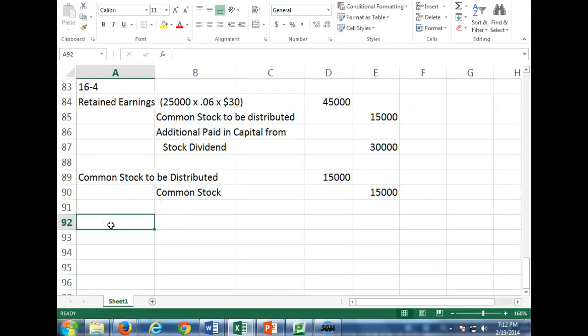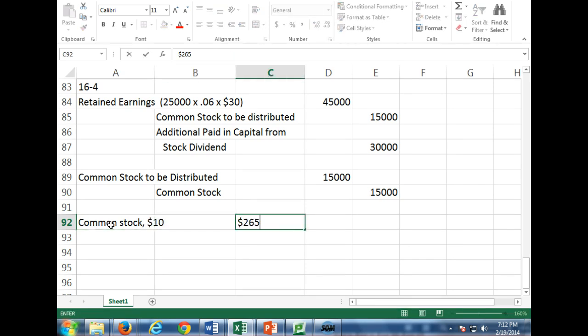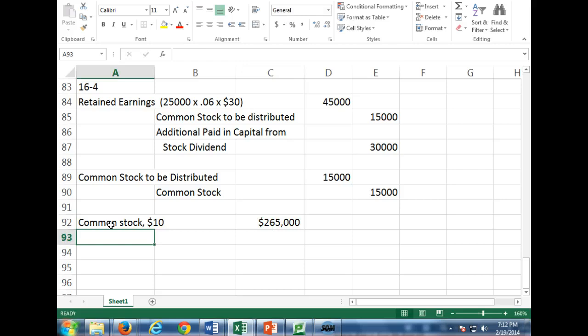Now we've got here common stock, $10 par value. How many shares do we have now? Or dollars worth? 265,000, right? We had 250. We just upped it 15. You guys agree?